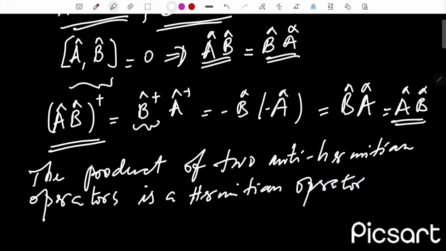And if you remember also that two operators that commute have the same eigenfunctions, then we can see from here that the product of these two operators will be a Hermitian operator.